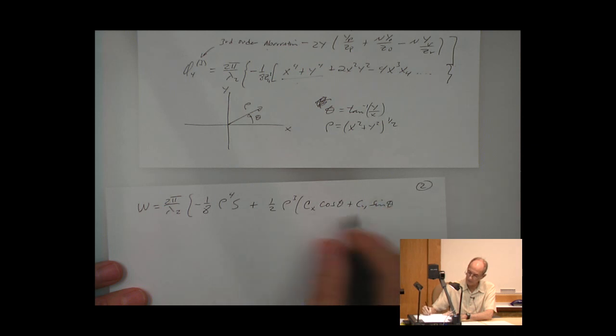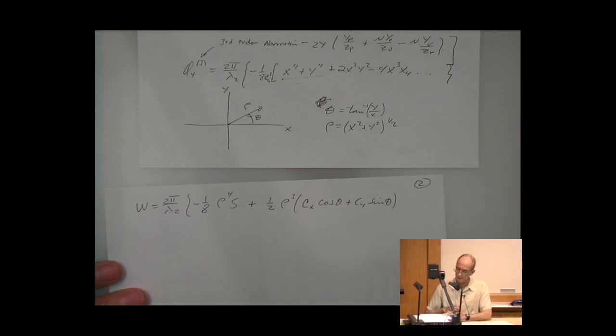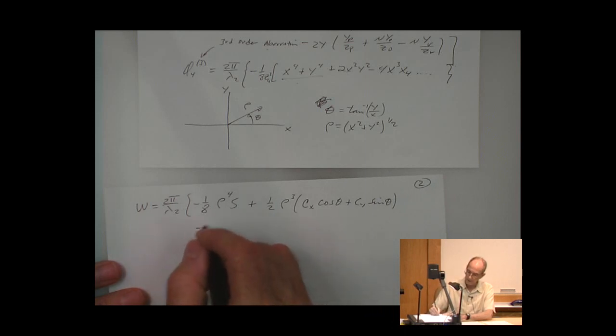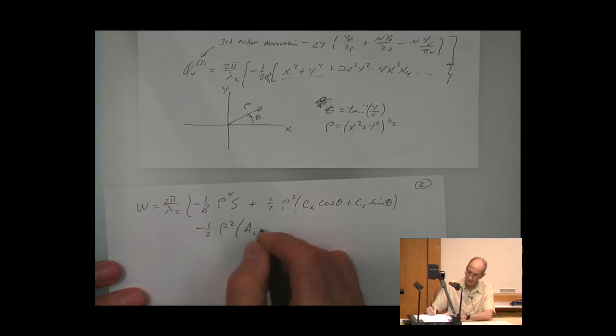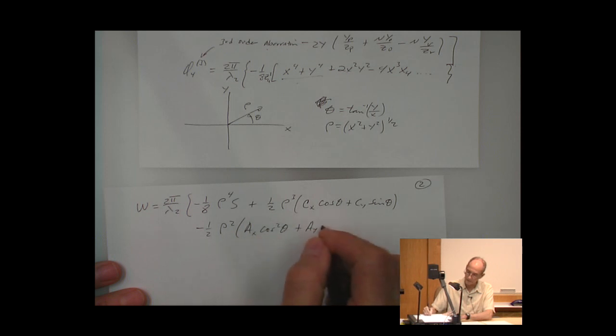So we can have a different form of the coefficient in the two orthogonal directions. Minus, the next term is minus 1/2 rho squared times a sub x cosine squared theta plus a sub y sine squared theta. And then there could be a cross term, a sub xy.